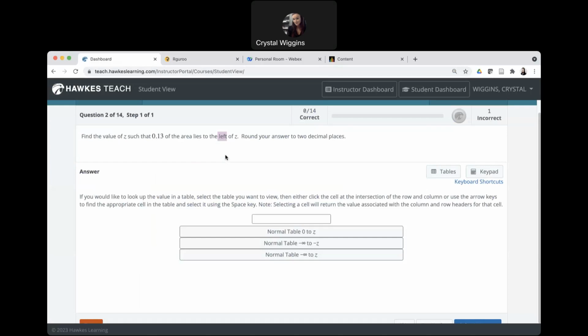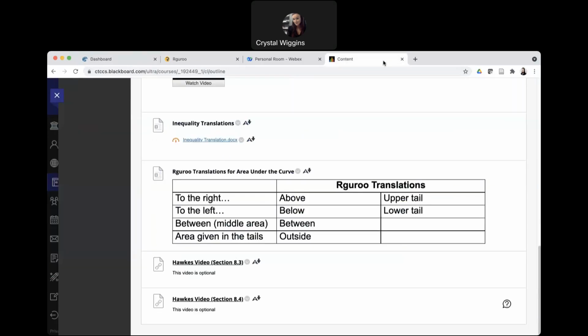Now, deciding how to translate what left looks like, I am in Blackboard in this week's content folder. You'll see that we have the inequality translation document that translates at most, at least, less than, more than. And here I've added a chart to help you with our Rguroo translations from the drop-down menu.